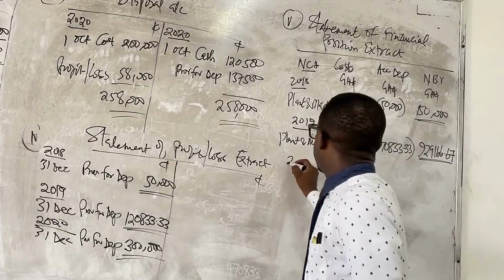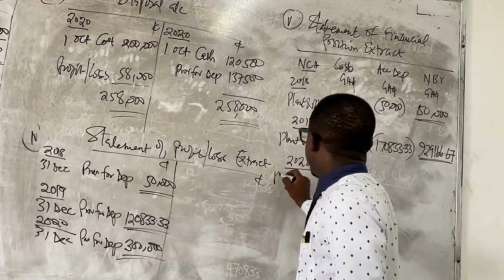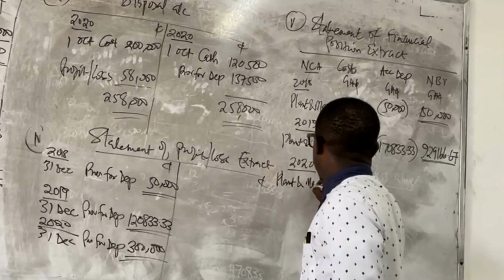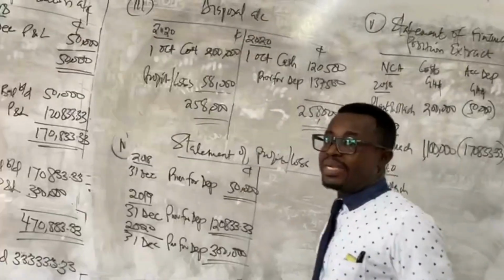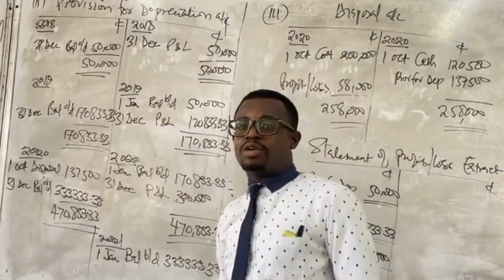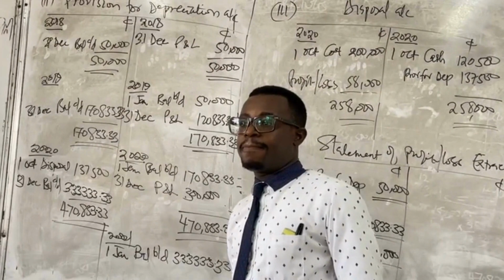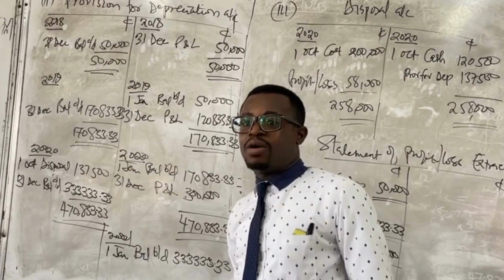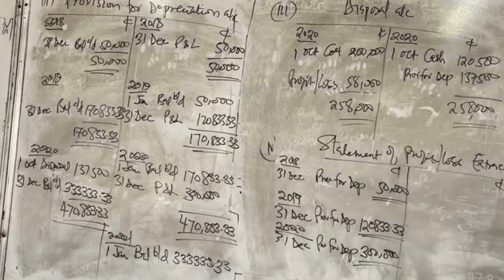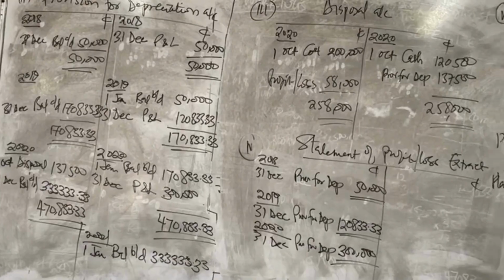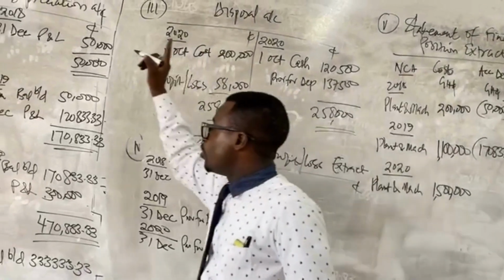Then in 2020, again, plant and machinery. Balance carried down from the plant and machinery account is 1,500,000. What's the accumulated depreciation or provision for depreciation?